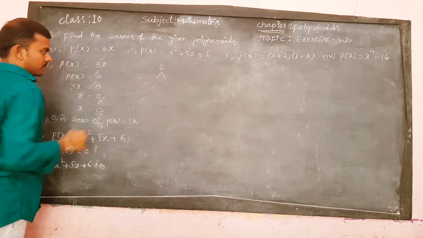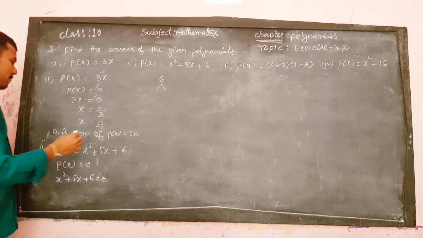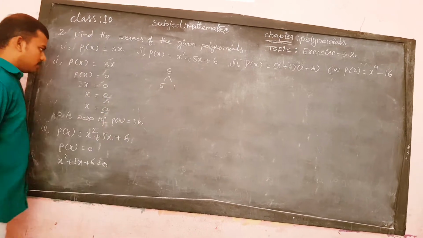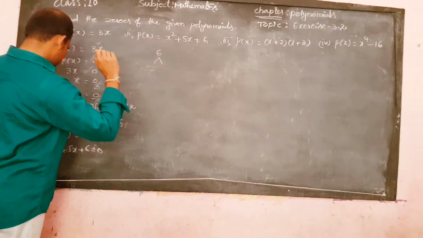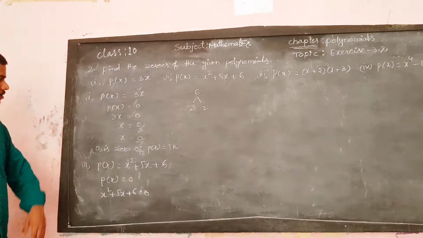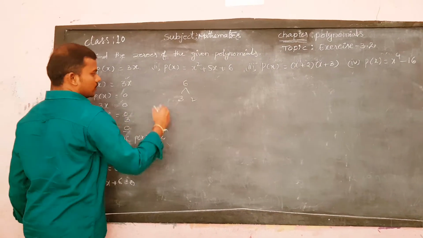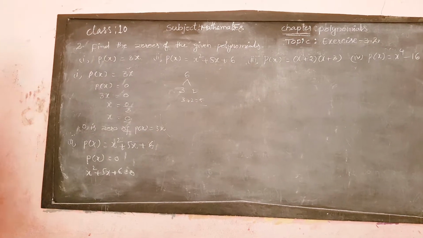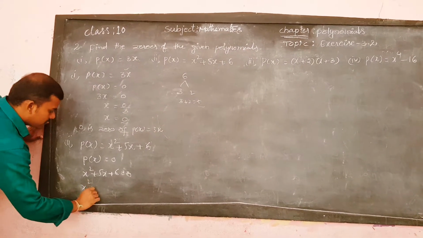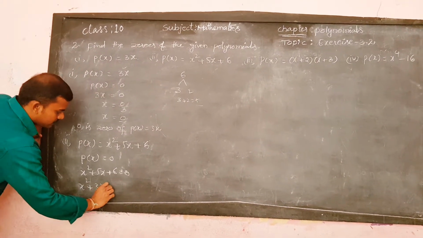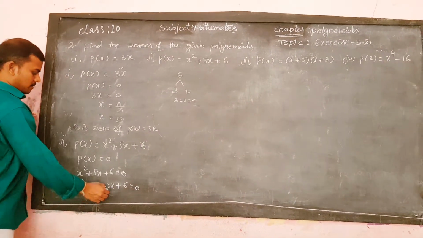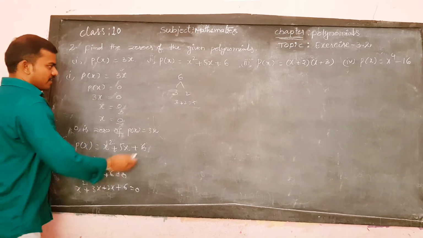We need a product of terms and a sum of terms. 3 into 2 equals 6 and 3 plus 2 is 5. So x square plus 3x plus 2x plus 6 equals 0, where 3x plus 2x is nothing but 5x.